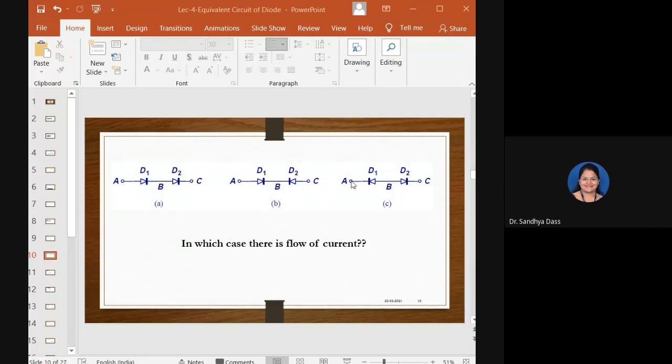And here again, if you are talking about A to C, diode D1 will be reverse biased, which would not conduct, and the circuit is not complete. I hope you agree that the current will be flowing in only this condition, A, where both the diodes will be forward biased.